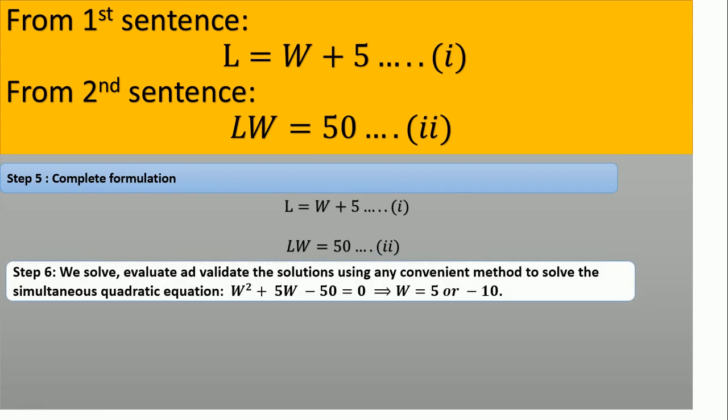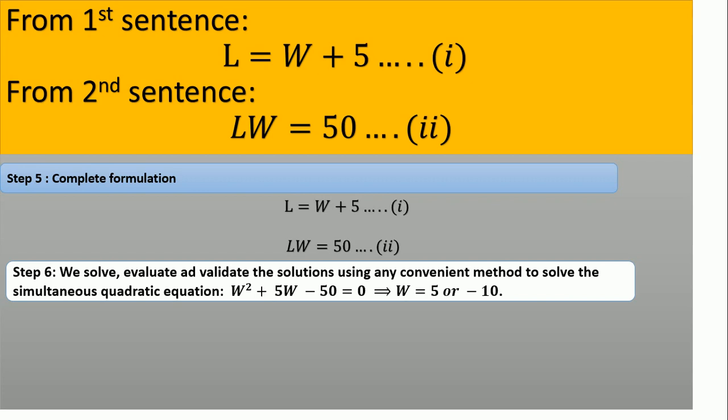And when you substitute L equals W plus 5 into equation 2, you have a quadratic equation. And when you solve using either of the methods that have been discussed in the previous video, you can check through the playlist. You will get that the width is 5 centimeters or minus 10 centimeters. But is it possible for us to have a dimension of negative value?